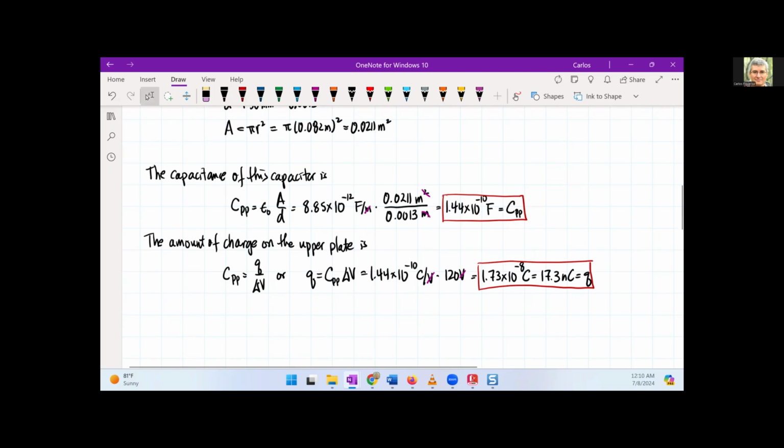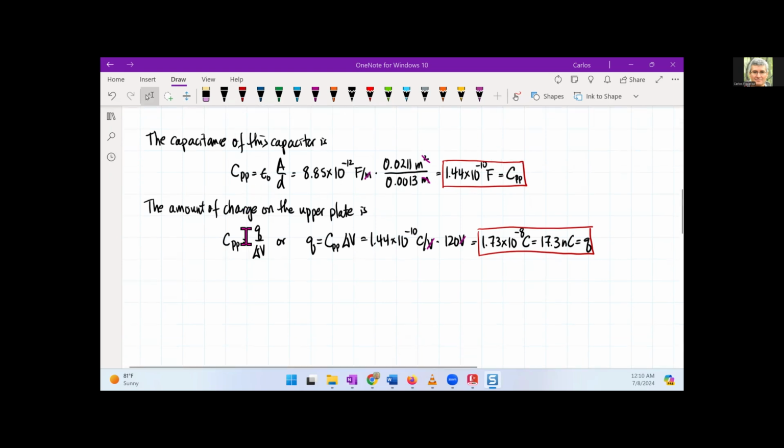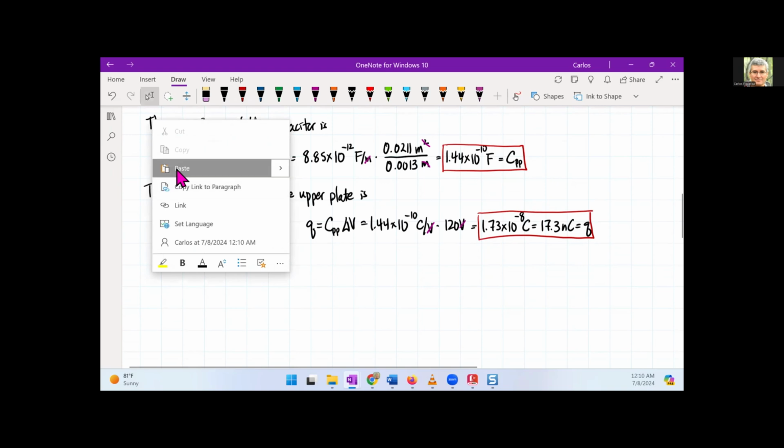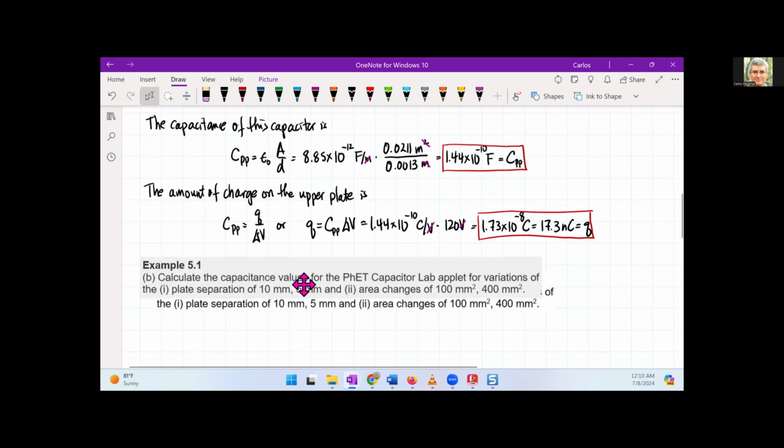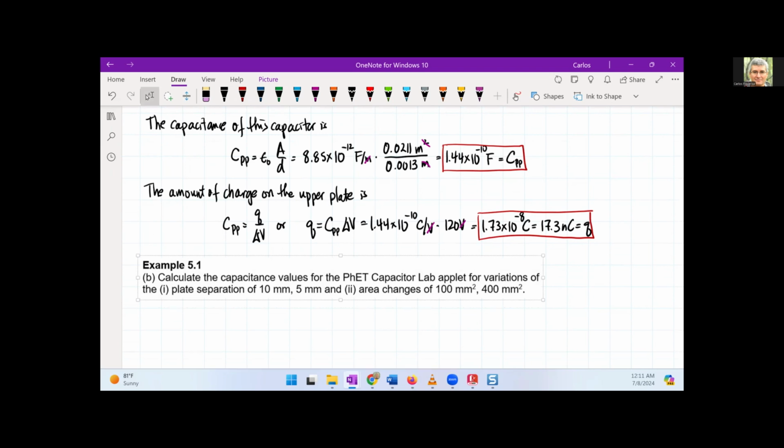Now I want to look at a visual example. This visual example is going to be in part B, which is going to look something like this, and we want to use an applet. If you go into the lecture for chapter 5, you'll see a link that reads PhET's Capacitor Lab applet, and that's what we want to use right here.